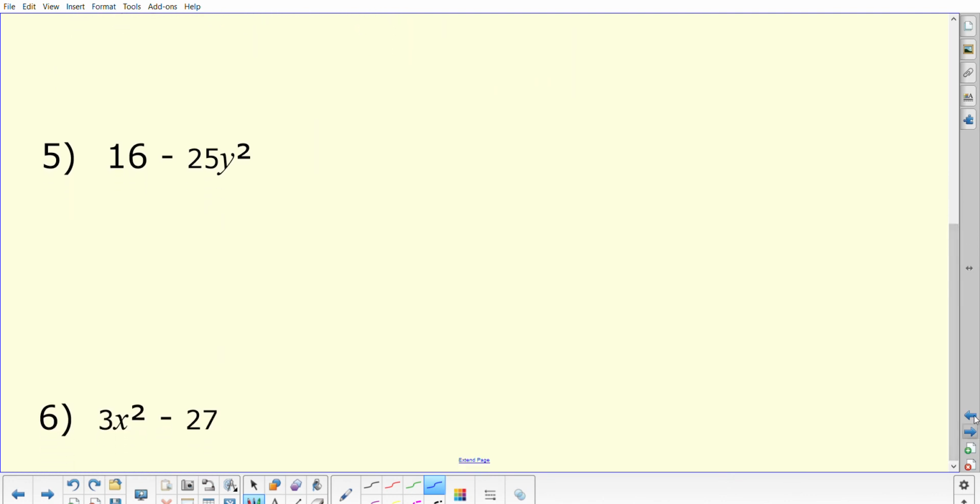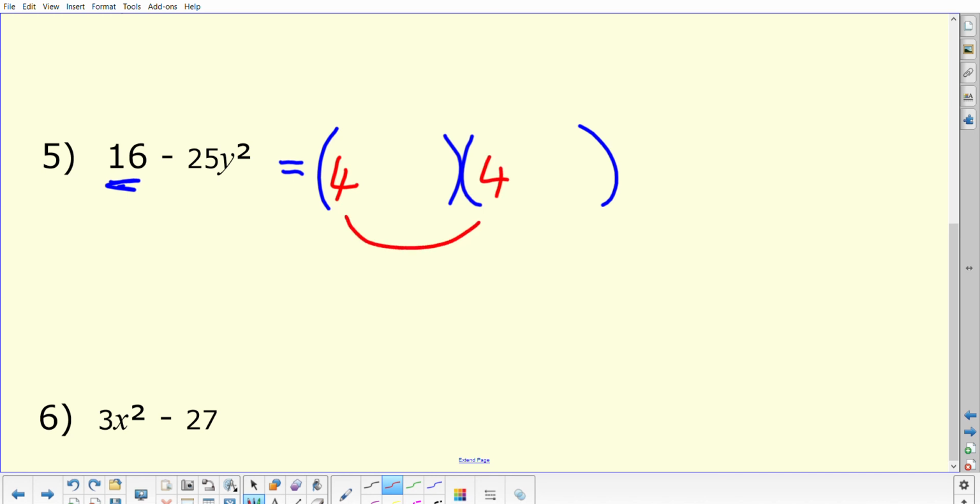So this one here, number 5, clearly doesn't have any common factors. It's not a trinomial, and 16 is a square number, 25 is a square number. So this is all about the square terms. So what you're looking for here, two brackets. How can I make the 16? Well, that's about having 4 times 4, so you would have a 4 there and a 4 there.